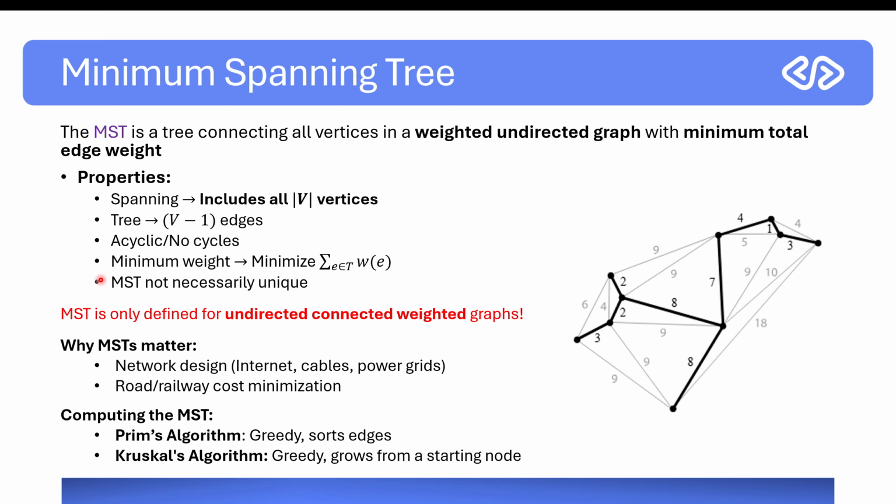Again, it's only defined for undirected connected graphs. It has to be connected, because how can you create a tree that connects all the vertices together in a minimum fashion if you can't get from any vertex to any vertex? So the graph has to be connected.